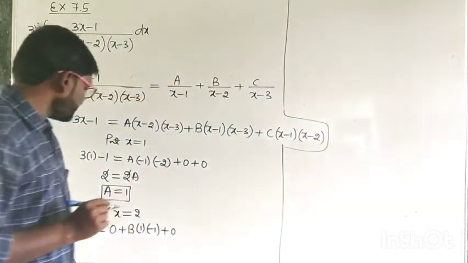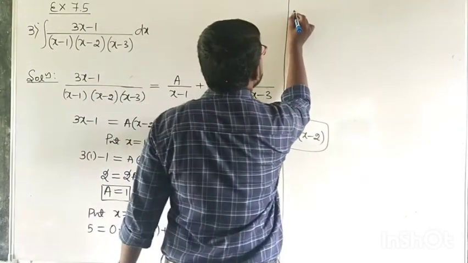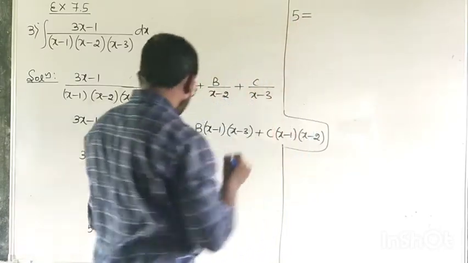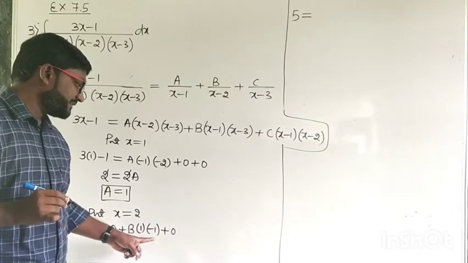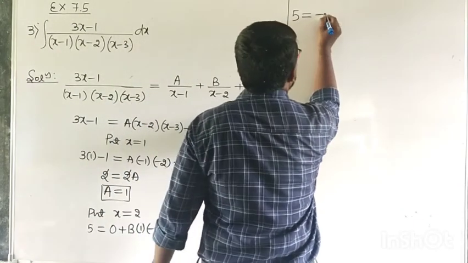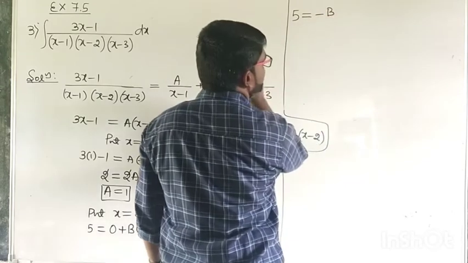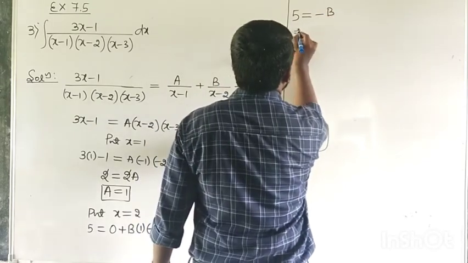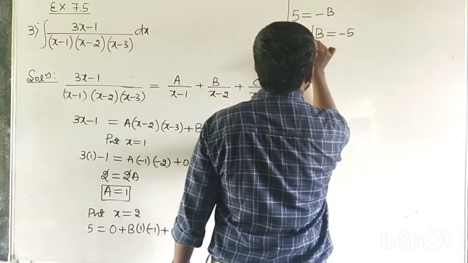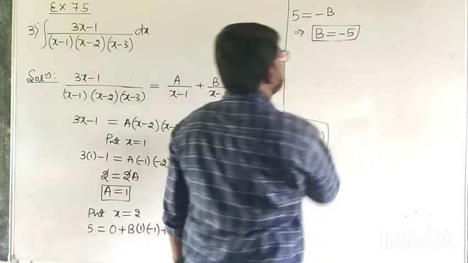So now let us simplify this. 5 equals 1 into minus 1, which is minus 1, minus 1 into b is minus b. So minus b equals 5. This implies b equals minus 5. So we have got the value of b as well.